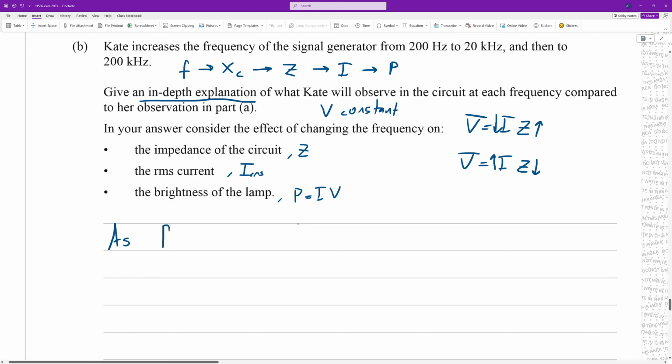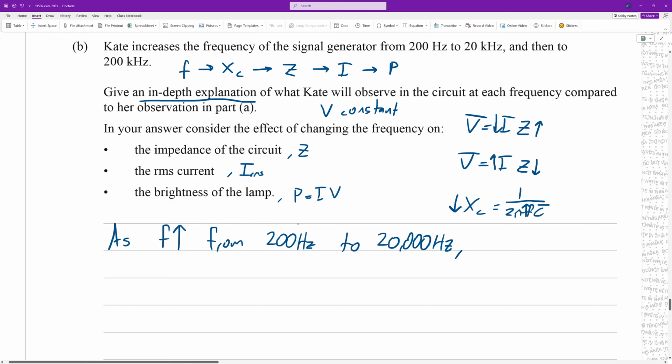As frequency increases, so from 200 to 20,000, what's going to happen to reactance? If frequency increases, capacitance stays constant, reactance will decrease.